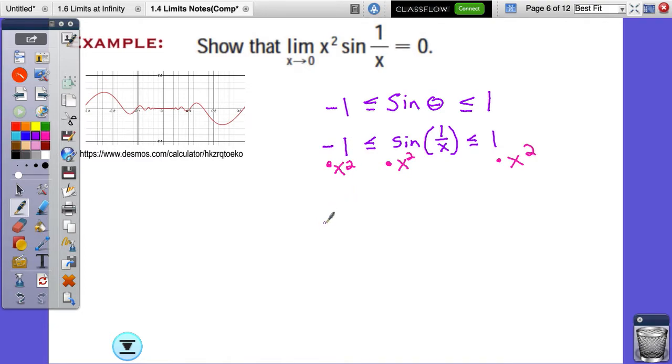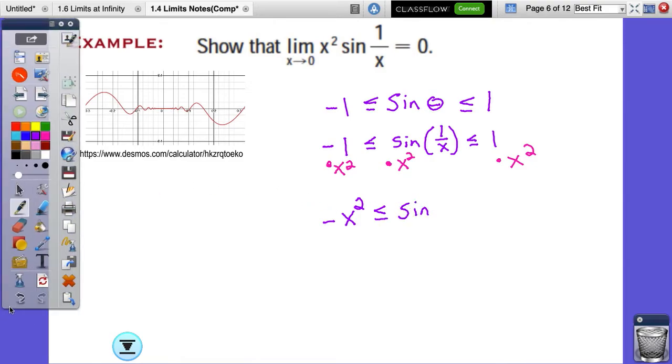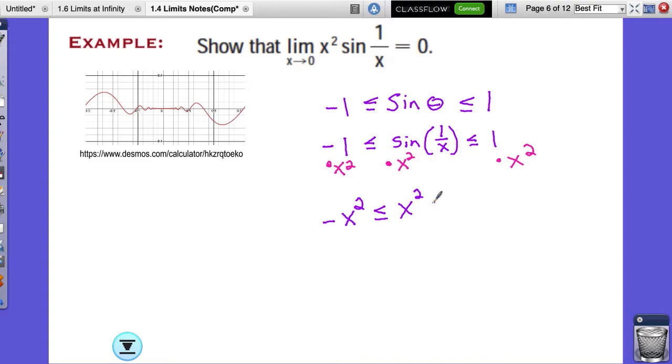And so that gets me negative x squared is less than or equal to x squared times the sine of 1 over x, which is the function I was trying to find the limit of, is less than or equal to positive x squared.